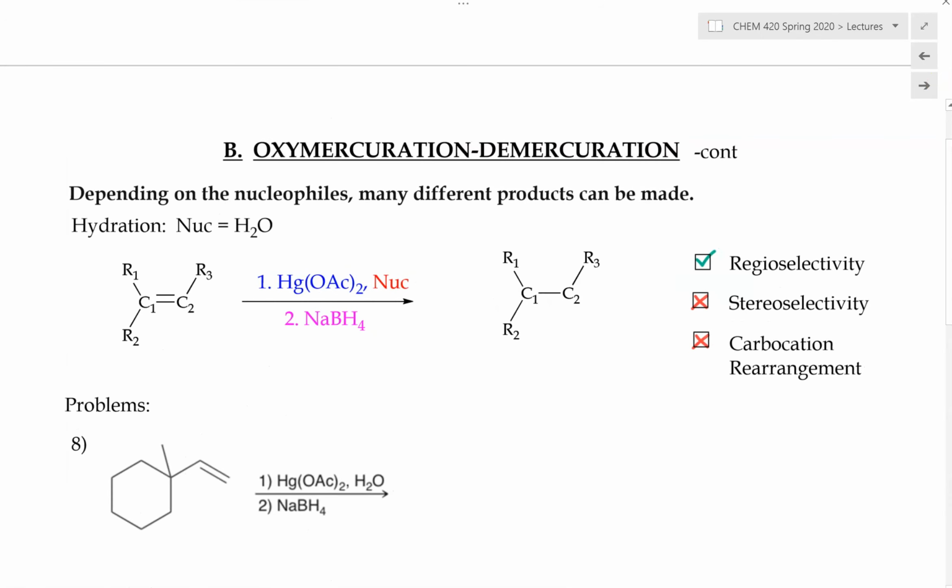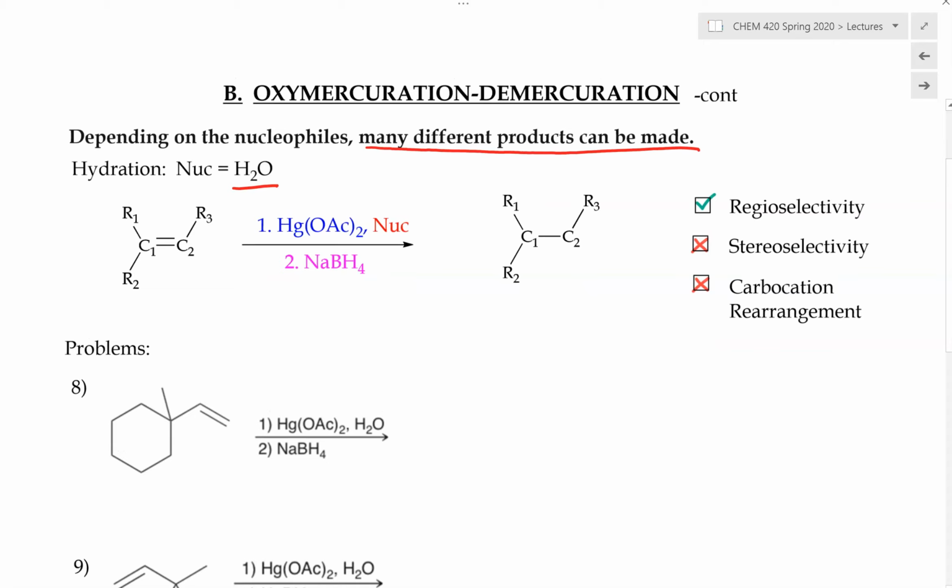Now, depending on the nucleophile, many different products can be produced by choosing the proper nucleophile. If we want to do hydration, then our nucleophile would be water. But in addition to water, we can also substitute that with other types of nucleophile.